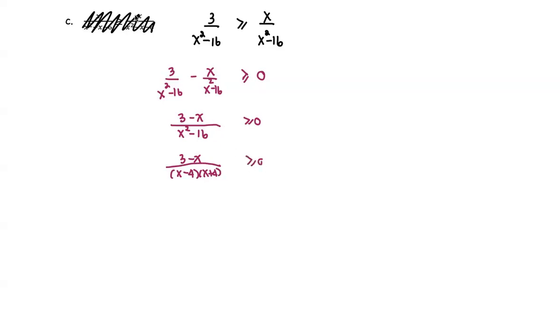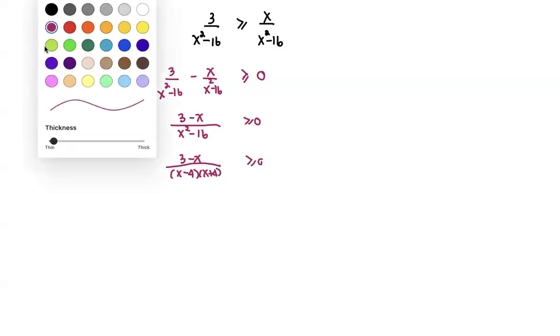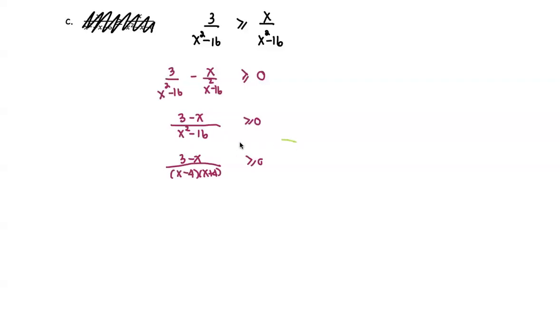At this point, we can identify the zeros. The numerator, p of x: the 0 is x equals 3. And the denominator, q of x: we have two factors, therefore we have two zeros, x equals +4 and -4.